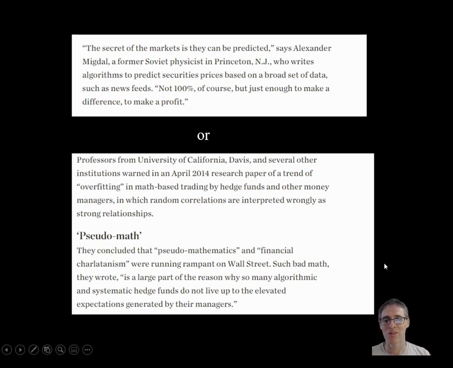Then another group of scientists says, no, that's not right, you're just overfitting. You can always make models that explain the past, but the complexity of those models means your predictions of the future won't be any good. And of course, banks making bad predictions is a risk to the economy.